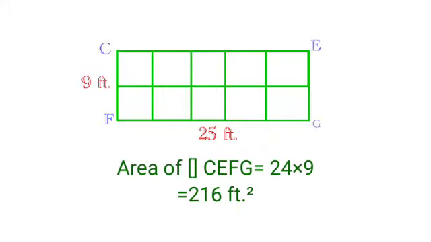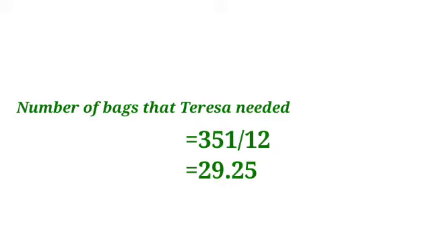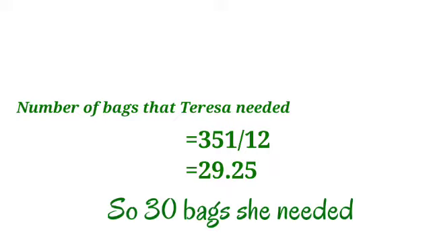Area of the rectangle CEFG is equal to 216 square feet. Then the total area of Teresa's garden is equal to 351 square feet. Number of bags that Teresa needs is equal to 351 divided by 12, which is 29.25. So she needs 13 bags.